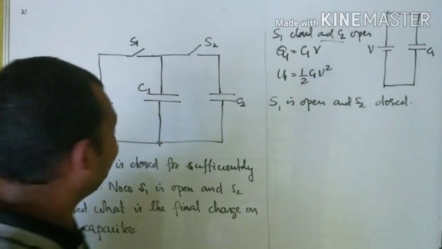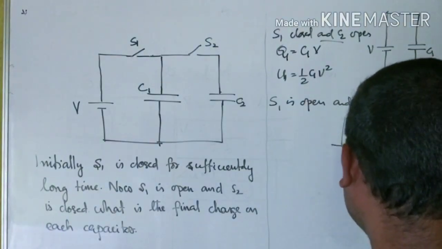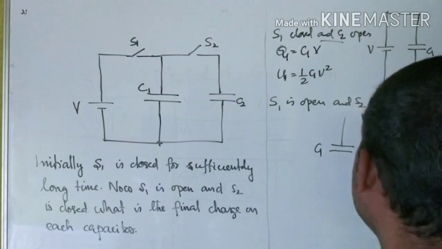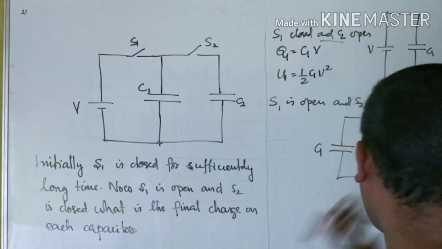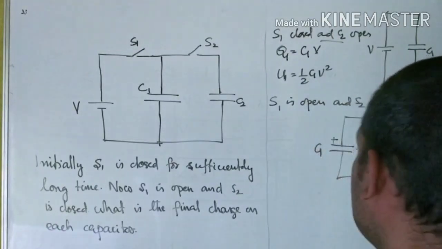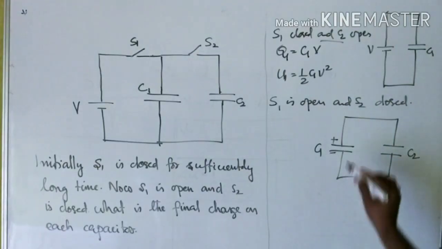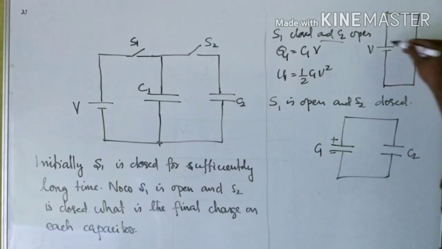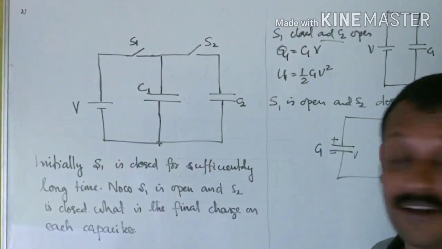I need not draw this side because it's part of an open circuit. This is C1 and this is C2, and these two now form a connected system. This is the positive plate of C1 and this is the negative plate of C2. C2 is uncharged, meaning zero potential, while C1 is at potential V. So charges will flow from C1 to C2 until they attain a common potential.